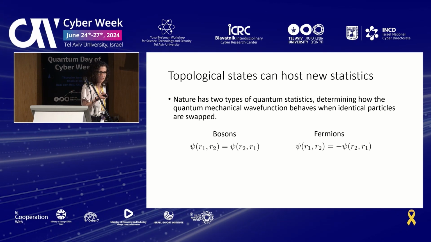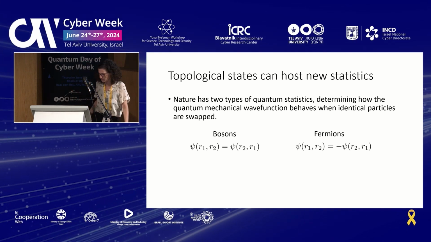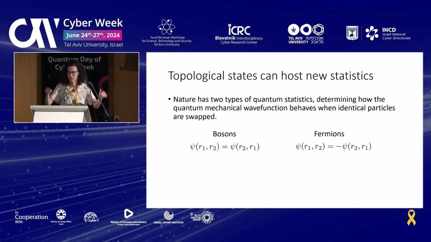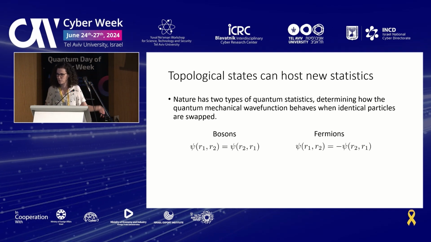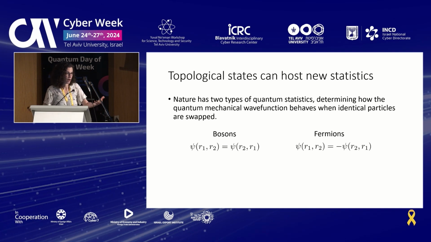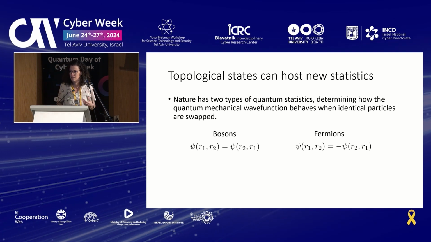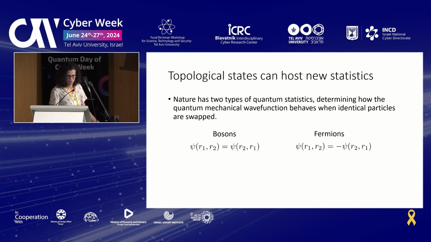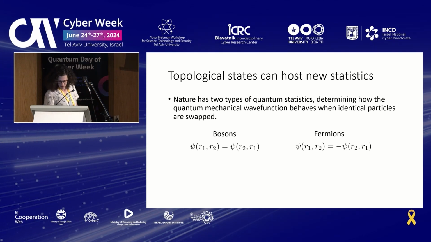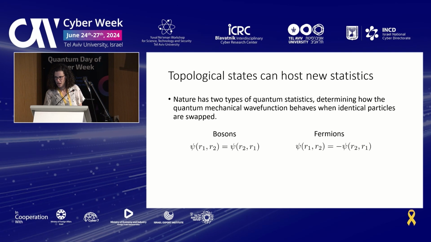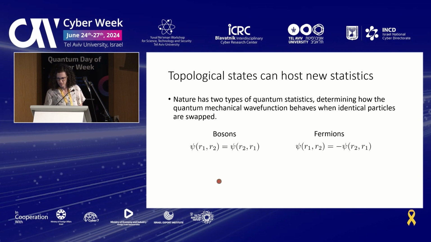It doesn't sound very interesting, but the fact that we have fermions is the reason you're not falling through the chairs you're sitting on and why atoms are stable, because electrons, for example, are fermions. So quantum statistics is very important for the behavior of quantum systems. And it turns out that in the quantum Hall effect, you can have other types of statistics.